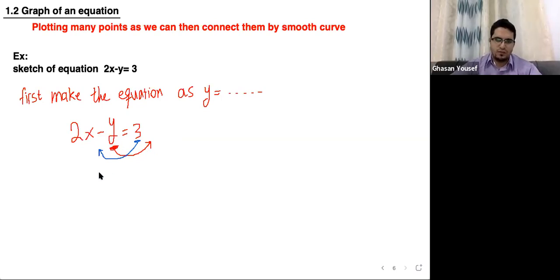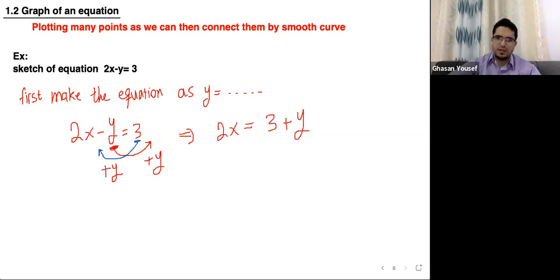So to move the y to this side, we have to add y to both sides, plus y, plus y. So when I add y to both sides, I get 2x equals 3 plus y. Then to move the 3 to this side, I have to subtract 3, so minus 3 from both sides.